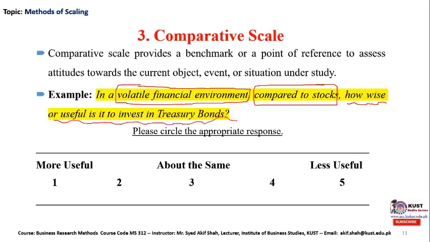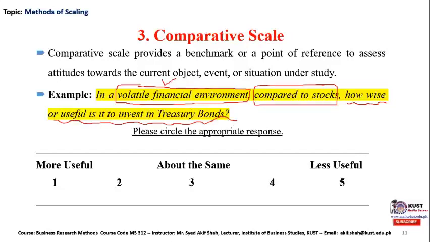We know that treasury bonds are issued by the government of the respective countries. So these are quite a secure kind of investment in comparison to investing in the stocks or shares of different listed companies in a volatile financial environment.